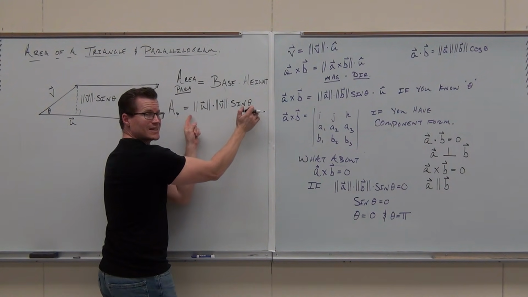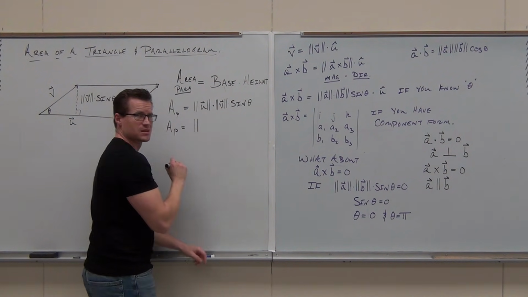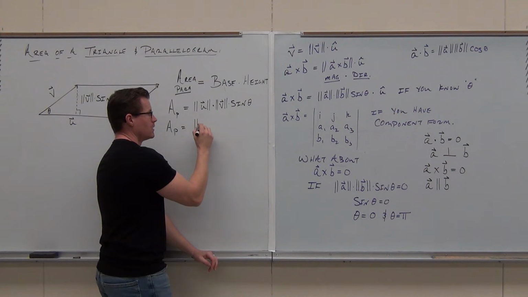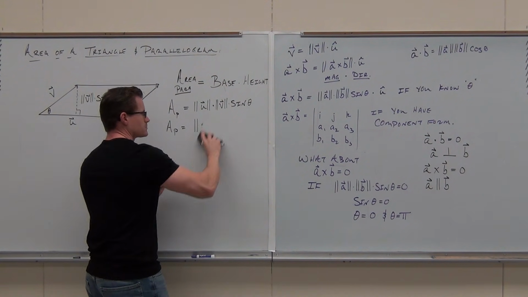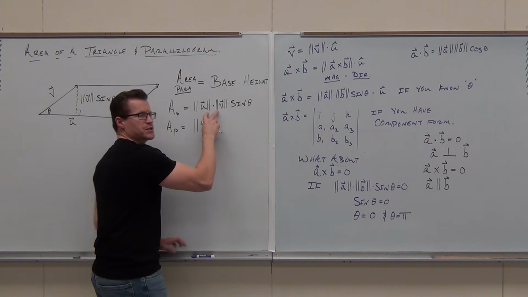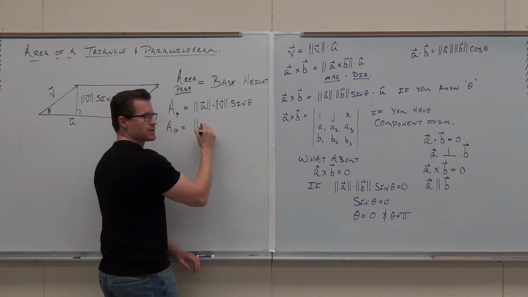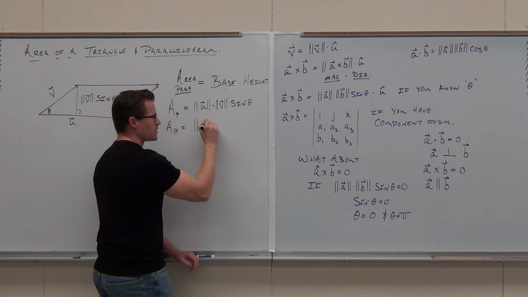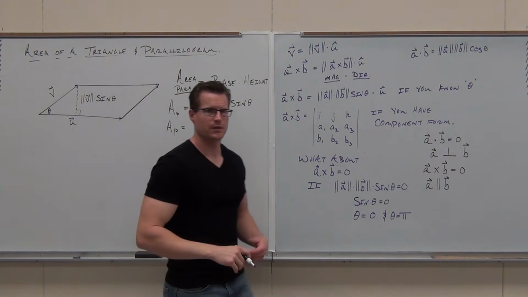The way that we can get this is the magnitude of the cross product of the two vectors that this angle's between. Since this angle's between u and v, this is the magnitude of the cross product of u and v. That's pretty interesting.